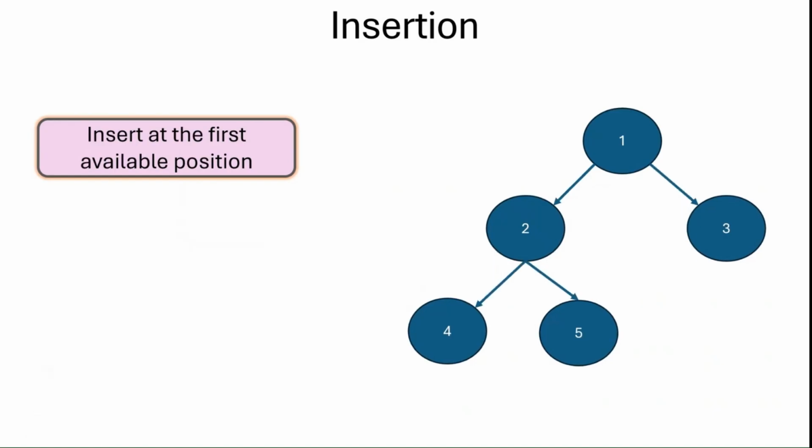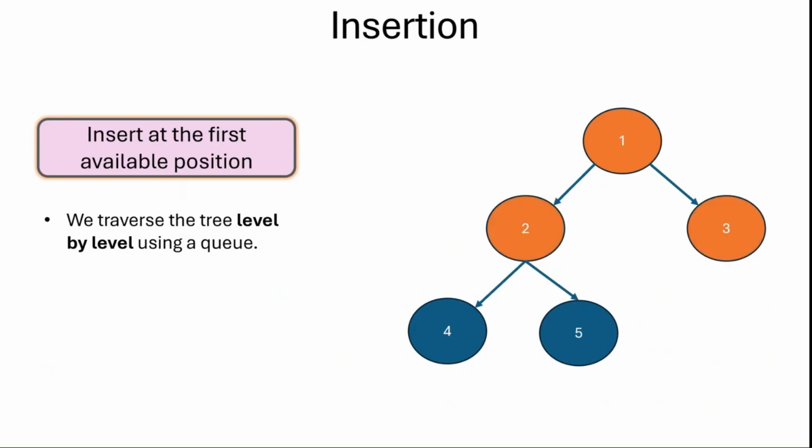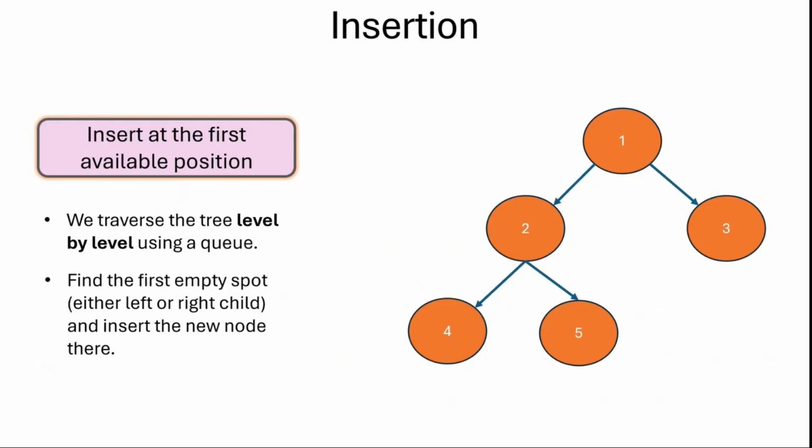So the first way to insert a new node in a binary tree is to insert at the first available position. We traverse the tree level by level here using a queue. So we visit the level 0 nodes, then the level 1 nodes, and then level 2 nodes, and so on. Basically, we find the first empty spot.